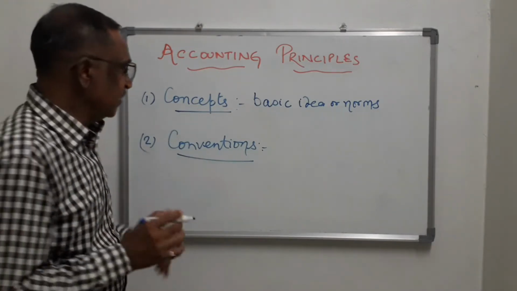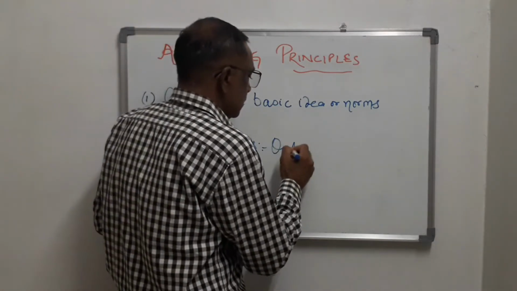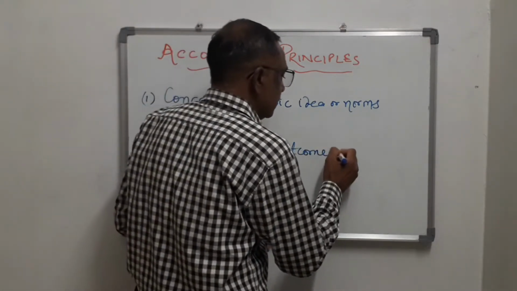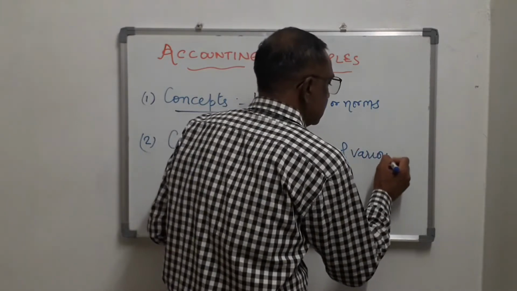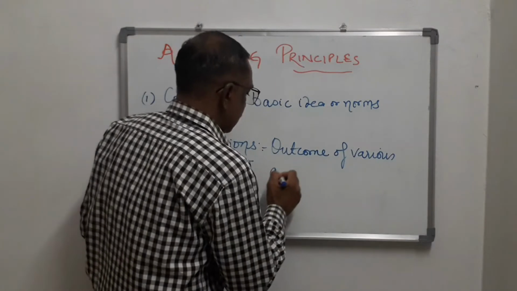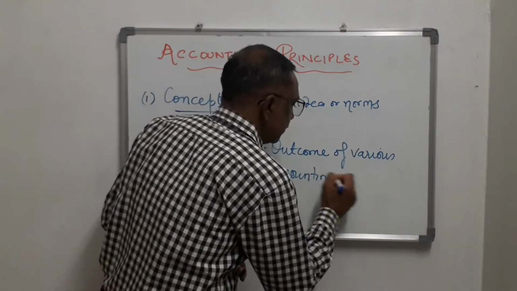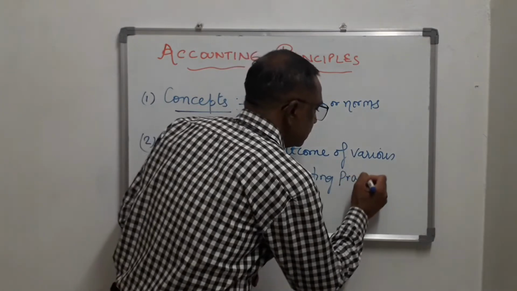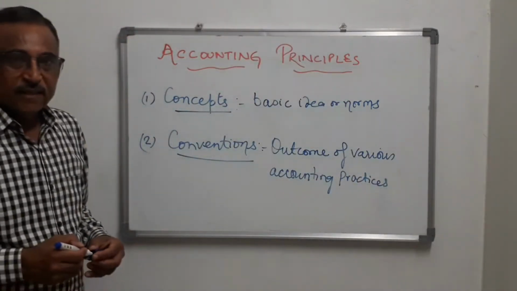So we can write convention means outcome of various accounting practices. Okay, clear?